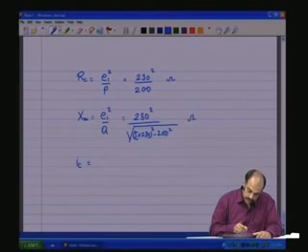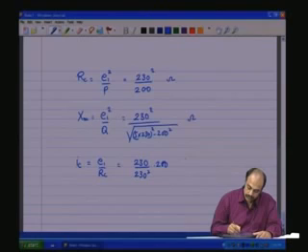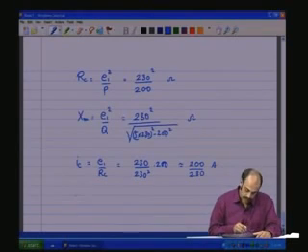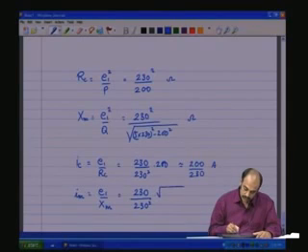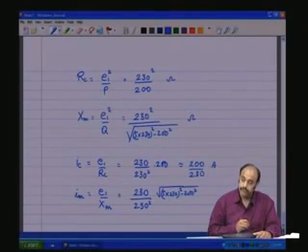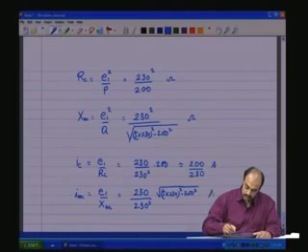Now, IC is equal to E1 by RC, which is equal to 230 divided by 230 square by 200, which is equal to 200 by 230 amps, and Im is equal to E1 by Xm, which is 230 divided by 230 square over root of (5 into 230) square minus 200 square, amps.